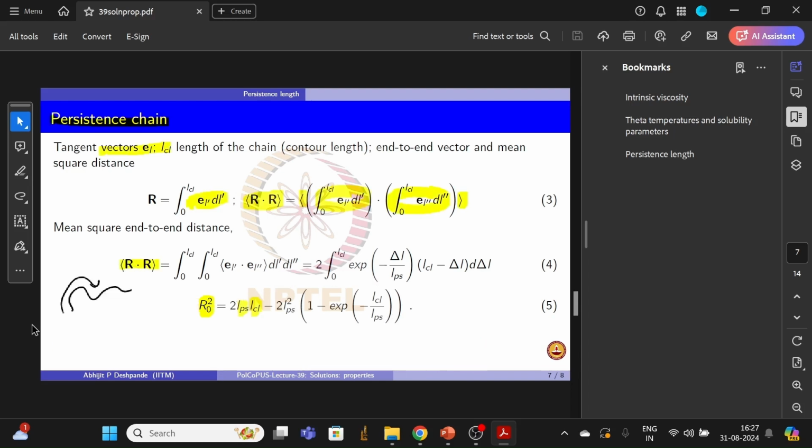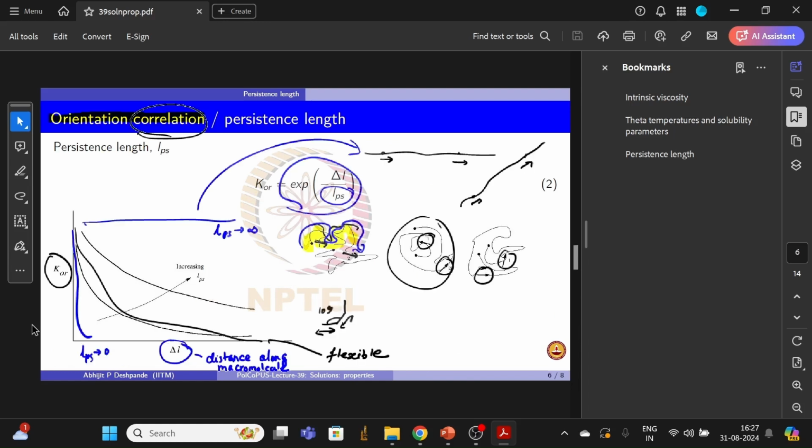Whereas your persistence length is not your entire contour length, but it depends on how flexible or rigid your polymer is, and how you can correlate the position of different segments. For example, if you just take this kind of polymer coil, how can you correlate the first point and the last point?